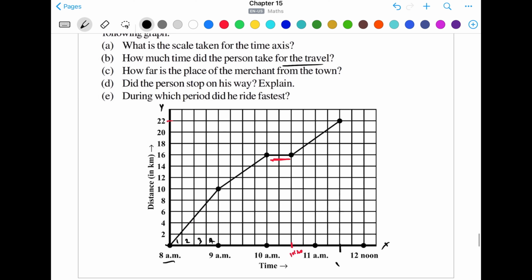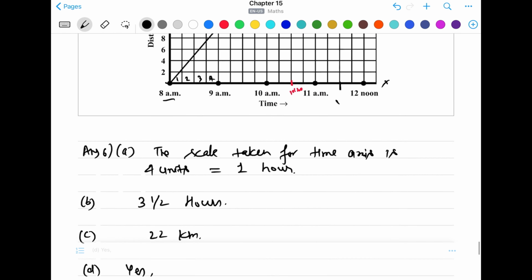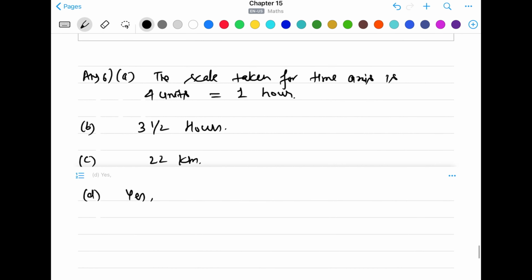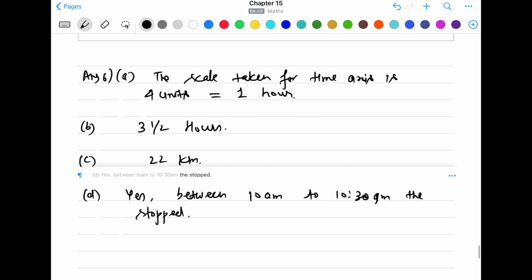Yes, between 10 a.m. to 10:30 a.m. the person stopped.